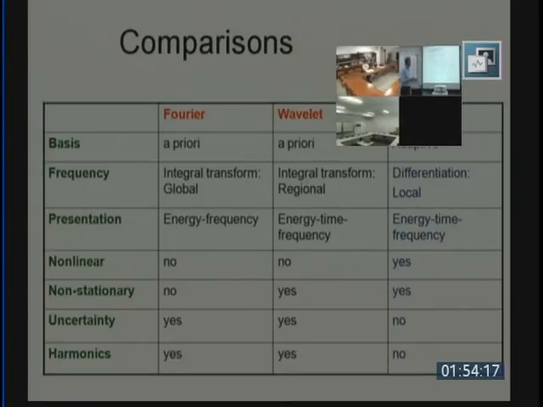And the presentation is energy-time-frequency. It can do nonlinear, yes. Non-stationary, yes. Uncertainty, no. And harmonics, no. So this is the advantage that I will present in this course this semester.